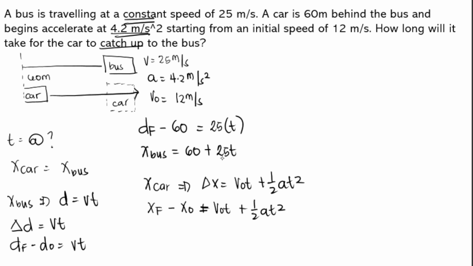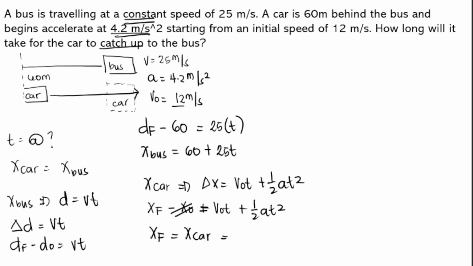Okay? So, xf, yan. So, yung xf equals din po yan sa x nung car natin, since wala naman tayong initial position for the car in relation to boss. So, 0 na yung x naught natin. X car is equals to v naught t plus 1 half a t squared.